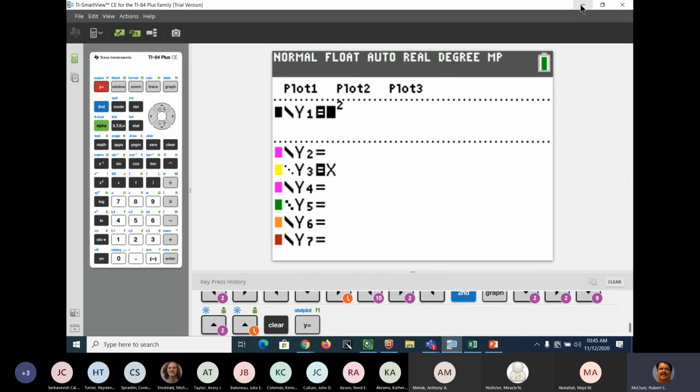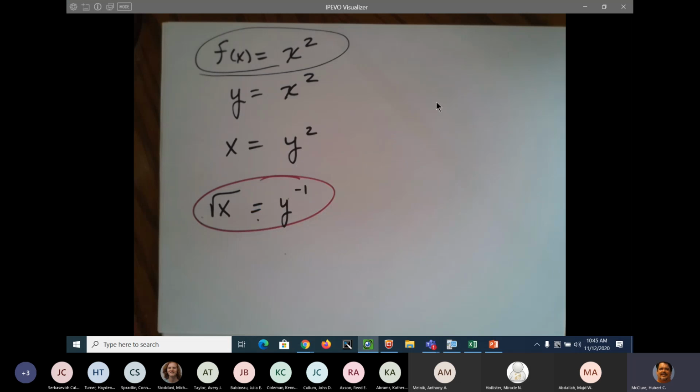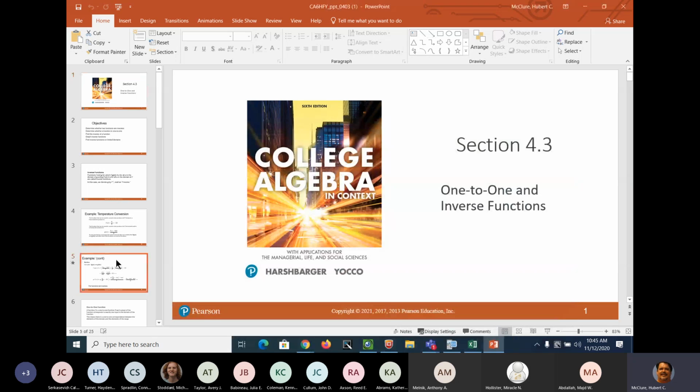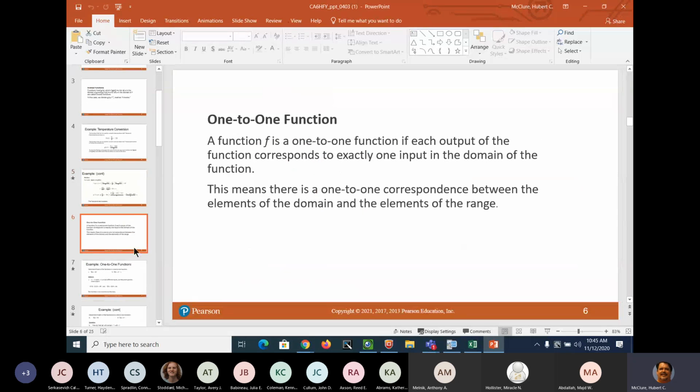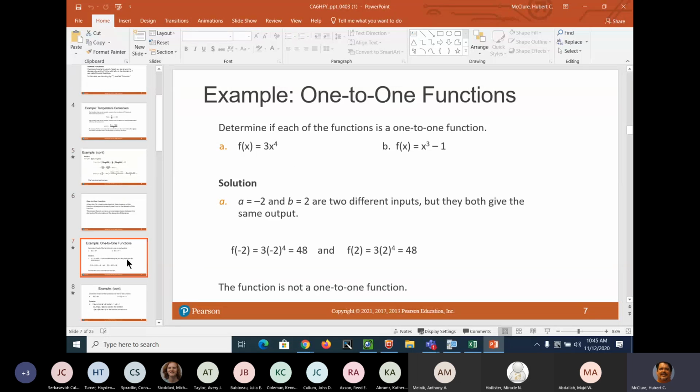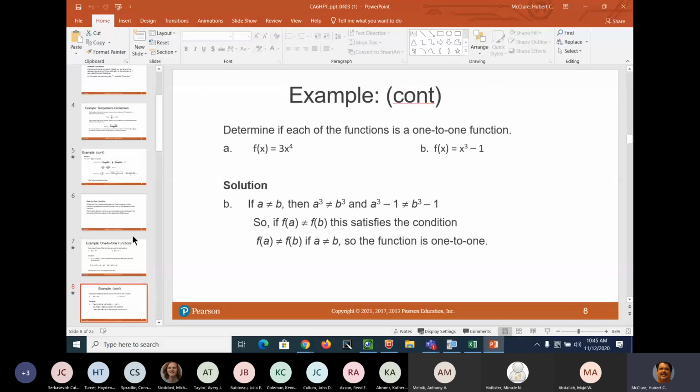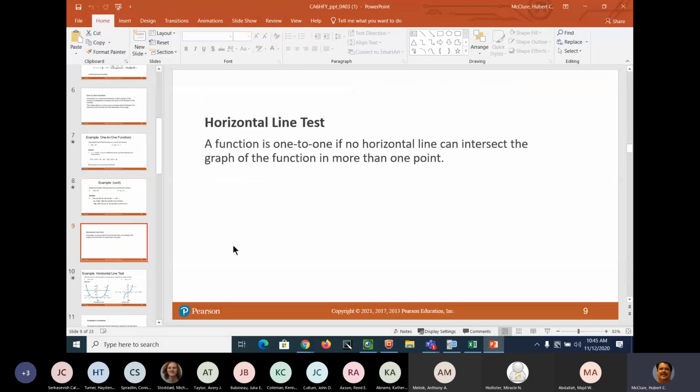So let's see. They're probably going to talk about even and odd, but let's see what else they talk about. Make sure you write down the horizontal line test.